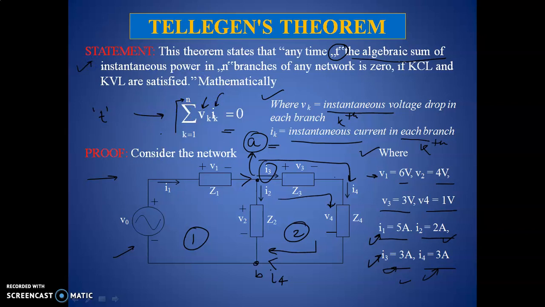This theorem states that at any time t, the algebraic sum of instantaneous power in n branches of any network is 0 if KCL and KVL are satisfied. So we have satisfied KVL and KCL, and this Tellegen's theorem has been proved.